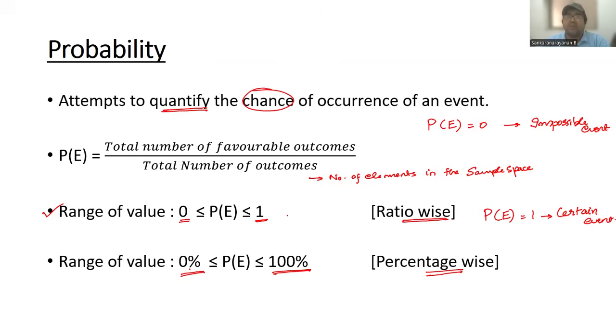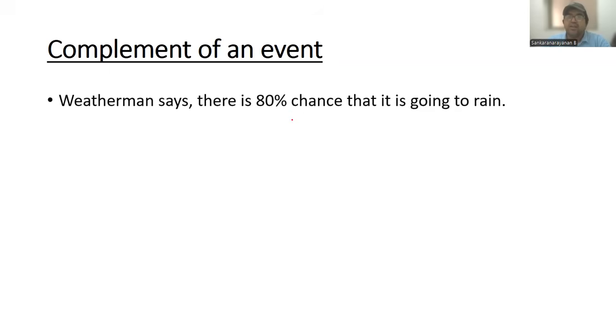Now, what about the complement of an event? Let's talk about this. I'm giving an example here. Suppose the weatherman says that there is an 80% chance that it is going to rain on a particular day. So what does that actually mean?